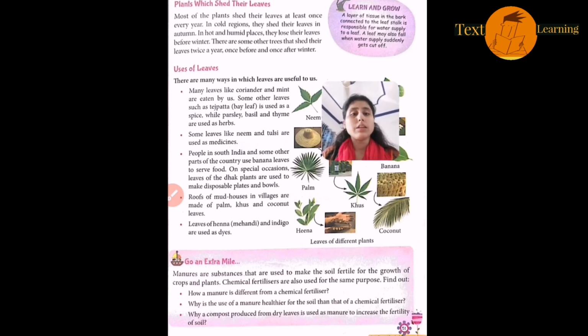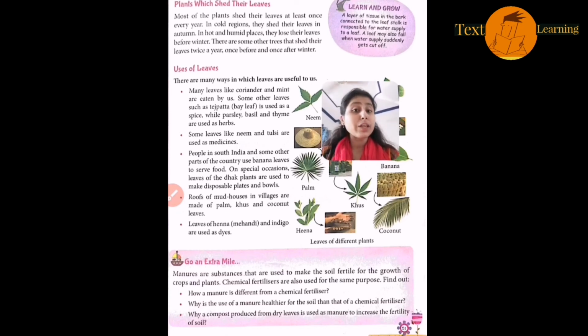Now let's learn and grow. The layer of tissue in the bark connects the leaf stalk and is responsible for water supply. There are tissues present over the bark and the stalk which make the connection for the water supply of a leaf.